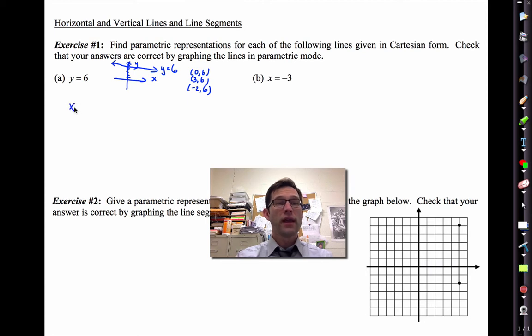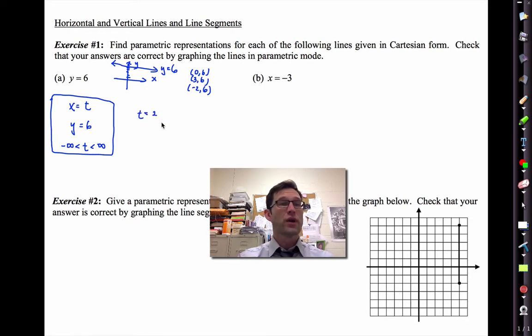Watch how easy this will be. I'm going to let x be equal to t, and I'm going to let y be equal to 6, and I'm going to say that t has to go from negative infinity to positive infinity. And there's my parametric setup. So it's kind of cool because you could say t equals 2, a value between negative infinity and positive infinity, and it would give me this point.